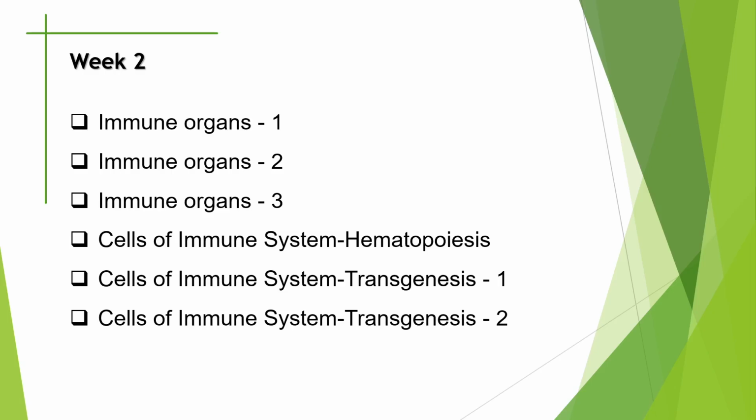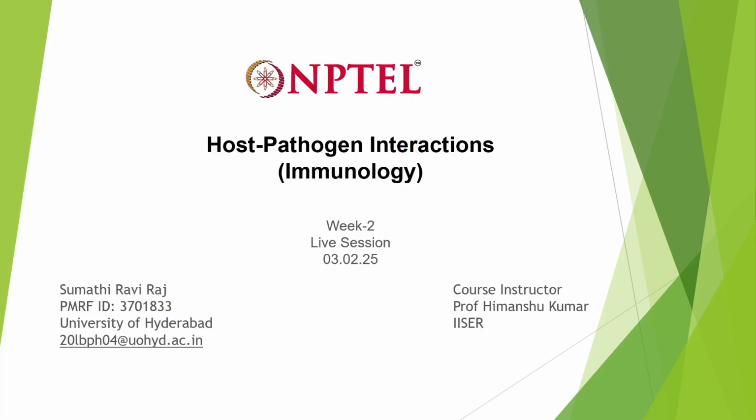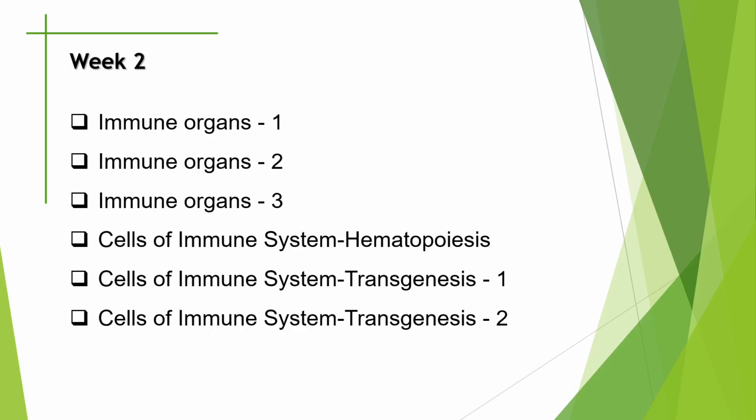If you have any doubts, we can discuss them at the end of the session if we have time, or you can mail me at the mail ID given here.